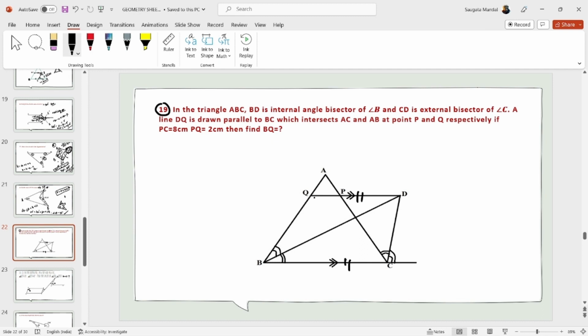If the value of PC is 8 centimeters and PQ is 2 centimeters, then find the value of BQ.